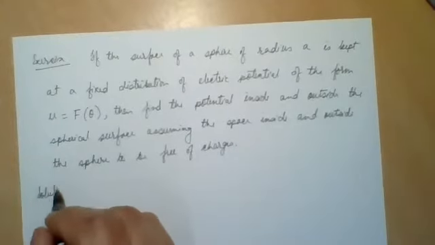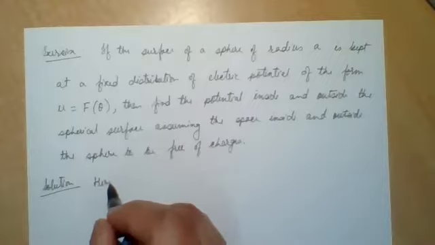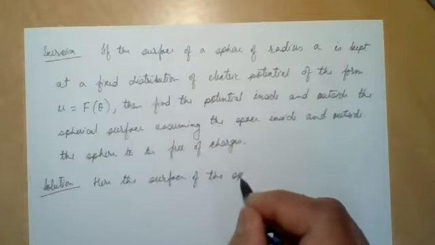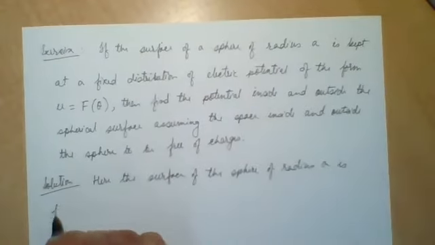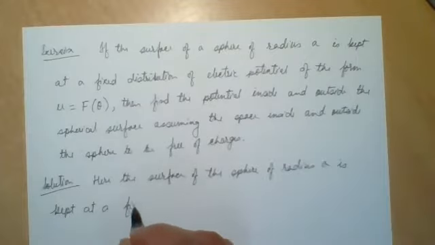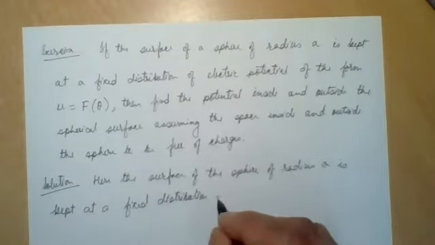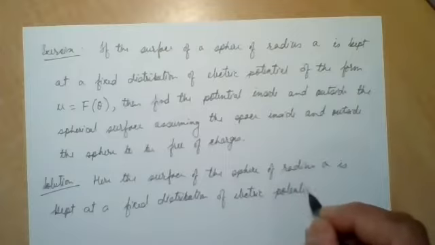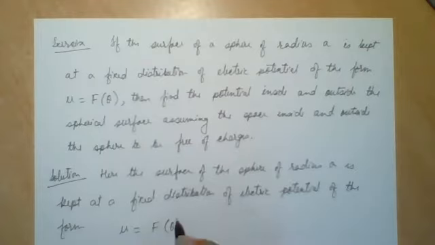So, solution. Here, the surface of the sphere of radius a is kept at a fixed distribution of electric potential of the form U equal to F of theta.